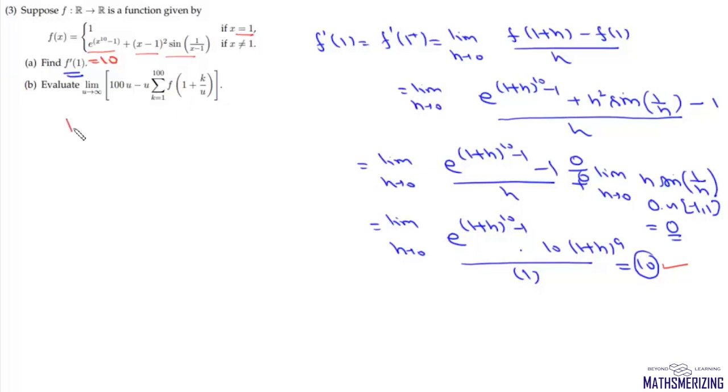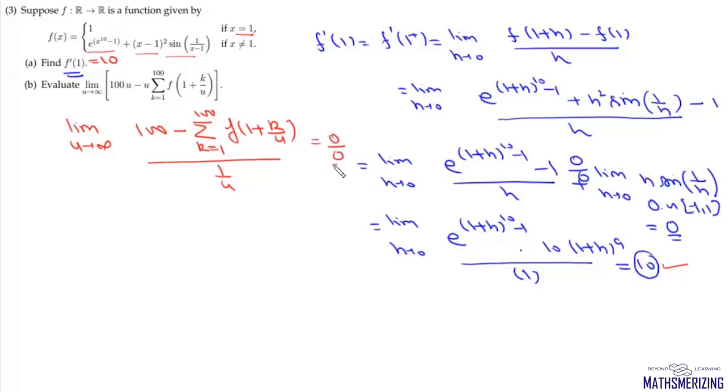So we can write this as limit u tends to infinite of (100 minus the summation k varies from 1 to 100 of f(1 plus k upon u)) upon 1 upon u. Now we'll put u as infinite, it will be f(1) and f(1) is 1. So 1 plus 1 plus 1, 100 times, minus 100 will be 0, and then 1 upon infinite is also 0. So it is 0 upon 0 form.